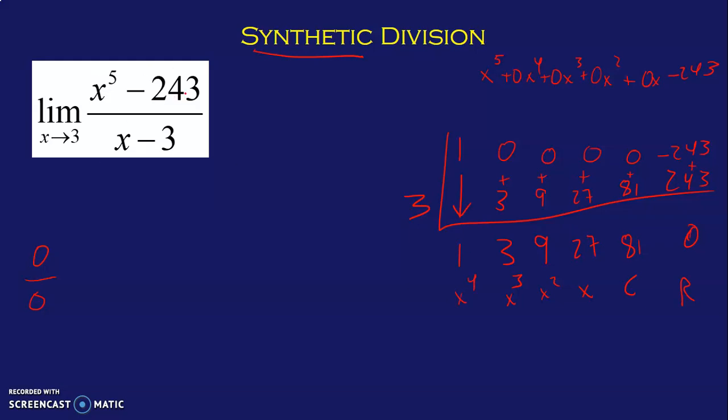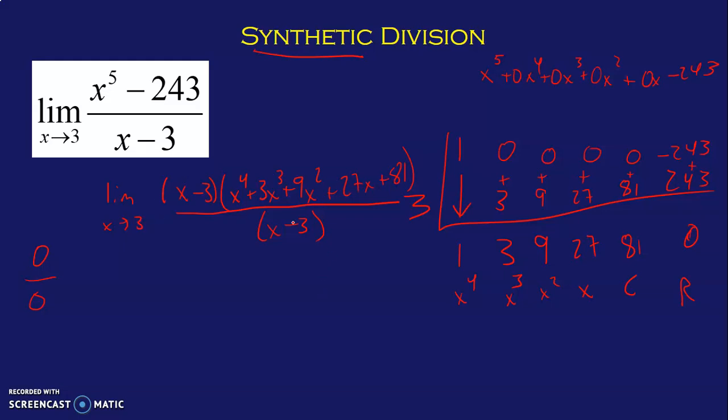So I can rewrite this original problem. What I've done by the synthetic division is just shown that I can factor an x minus 3 out of the top. That's what this work over to the side was doing. So now I've got the limit as x approaches 3 of the top would factor as x minus 3 times x to the 4th plus 3x cubed plus 9x squared plus 27x plus 81 over x minus 3.